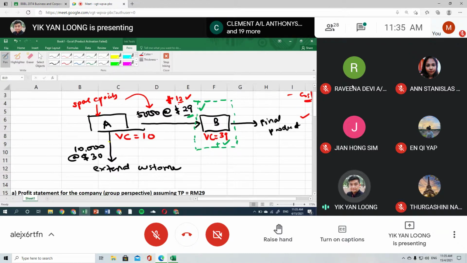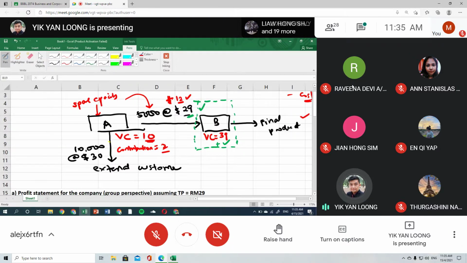When the transfer price is 12, variable cost is 10. So every unit A transfers to B, it will earn a contribution of how much? 2, right? Every 1 unit A transfers to B, you earn a contribution of 2 ringgit per unit.